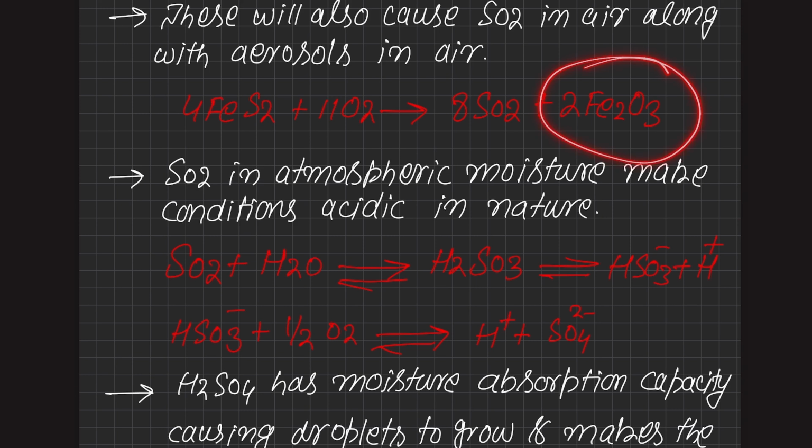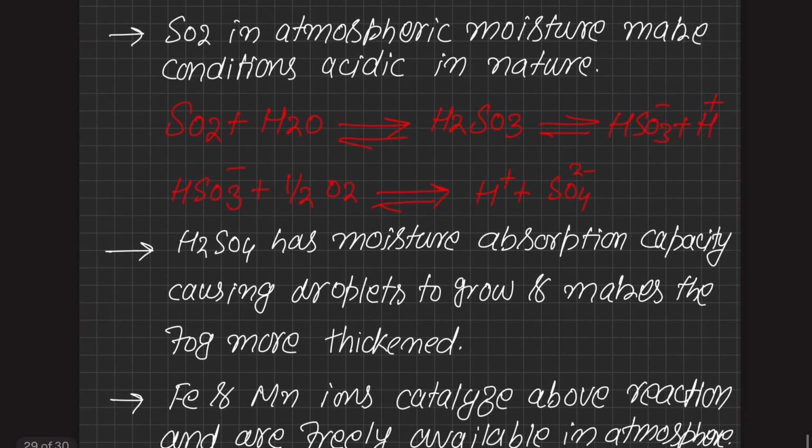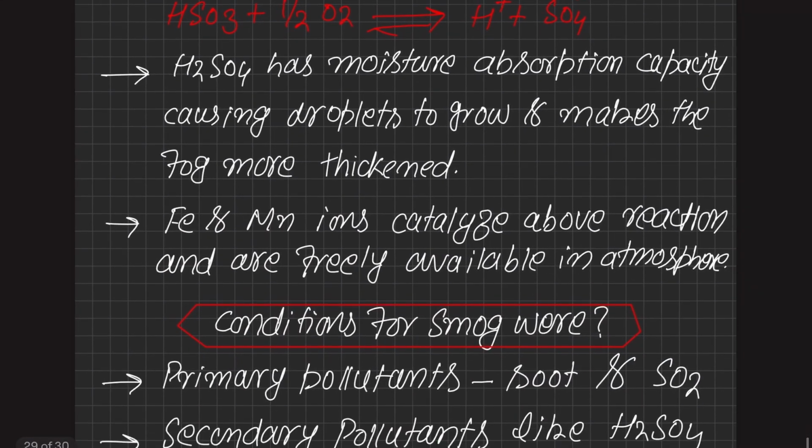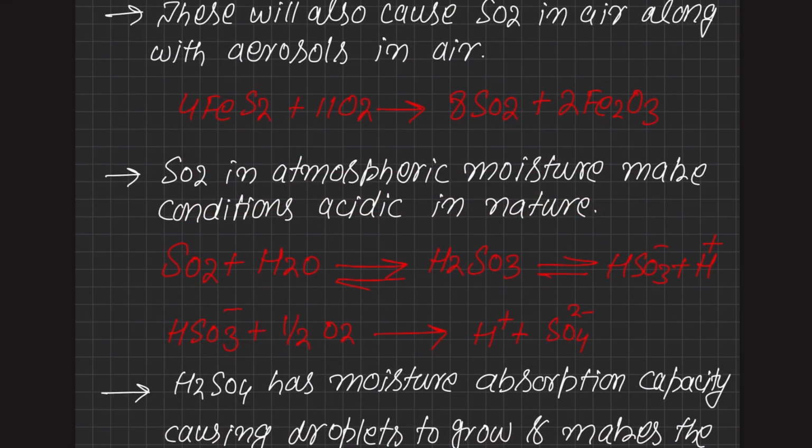Iron oxide is not so toxic directly, but it will produce small solid particles called aerosols, which will be a source of nucleation. Just like the moisture contents, the aerosol particles will also provide surface area for chemicals, and on the surface of these small particles there will be further reactions to form secondary products, and they will cause more damage to the environment.